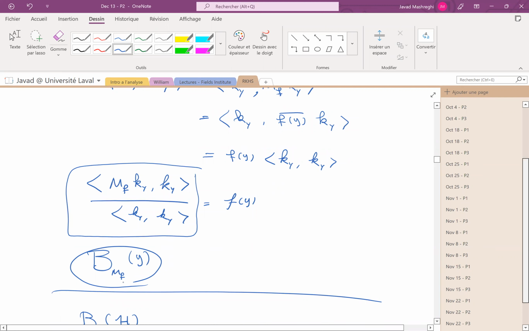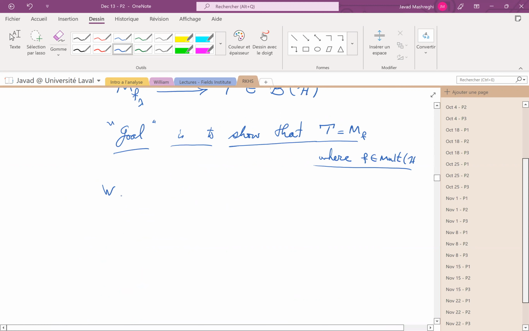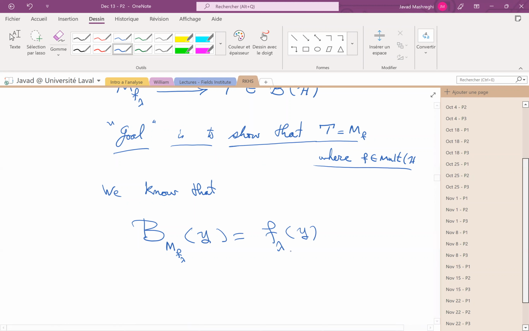So we apply this to f_lambda, and we know that the Berezin transform of the operator M_f_lambda, it's a horrible notation, but we have to live with this, is f_lambda at y.